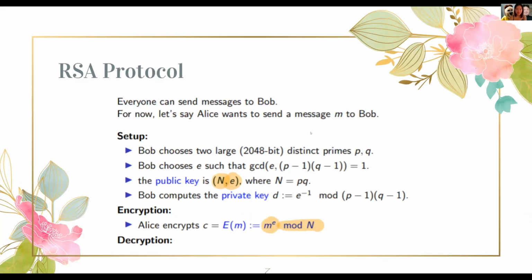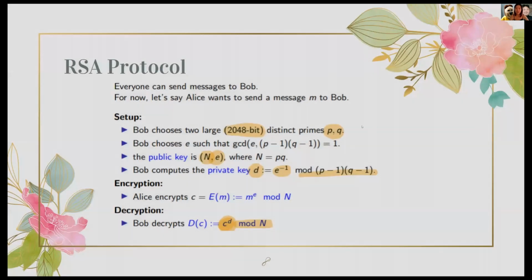Okay, so the encryption part, you have the encrypted message, which is set to C, and that's defined as the message to the E power mod N, which is PQ. It sends that to Bob, and then Bob, in order to decrypt that, takes the encrypted message to the private key power, mod PQ again.